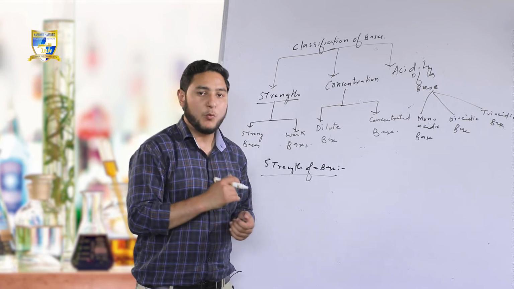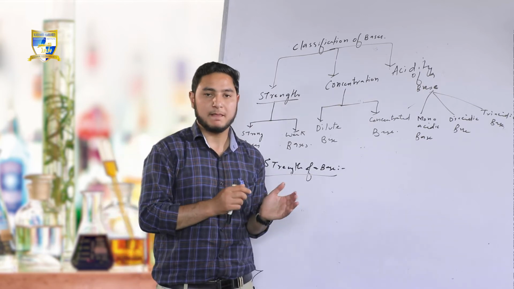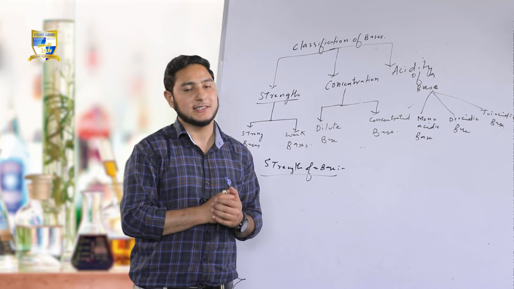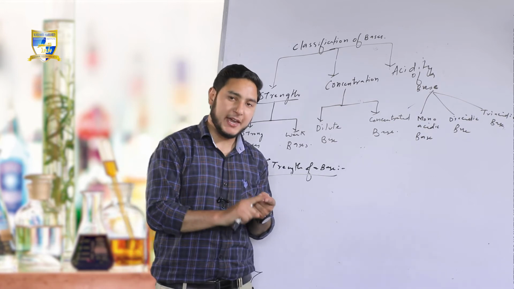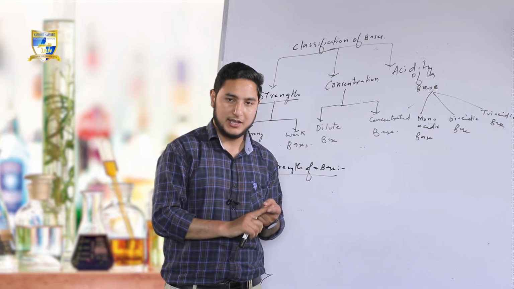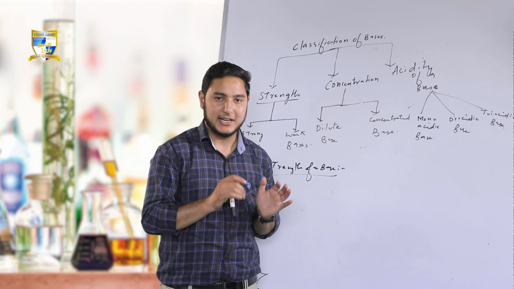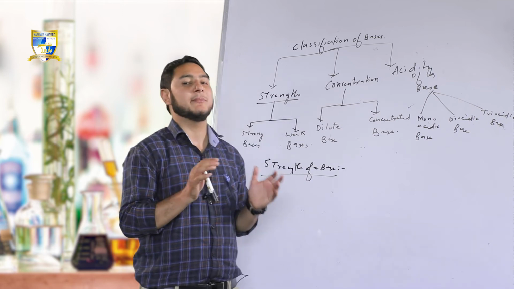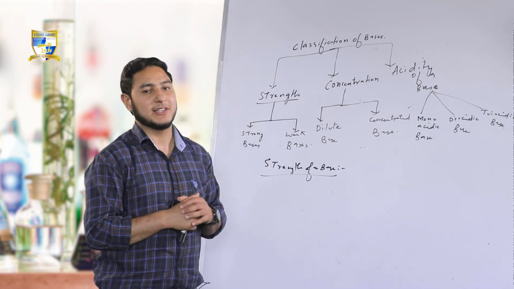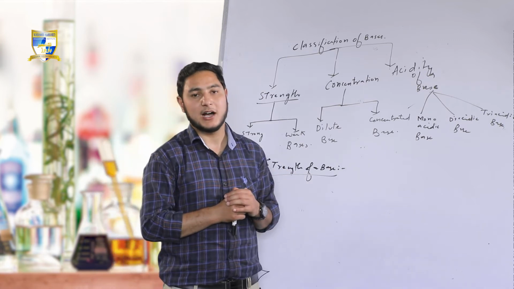That is, whether a base completely ionizes in aqueous solution or it partially ionizes in aqueous solution. If a base ionizes completely in the aqueous solution and releases all the OH negative ions, it will be called a strong base, while if the base ionizes partially, it will be called a weak base.